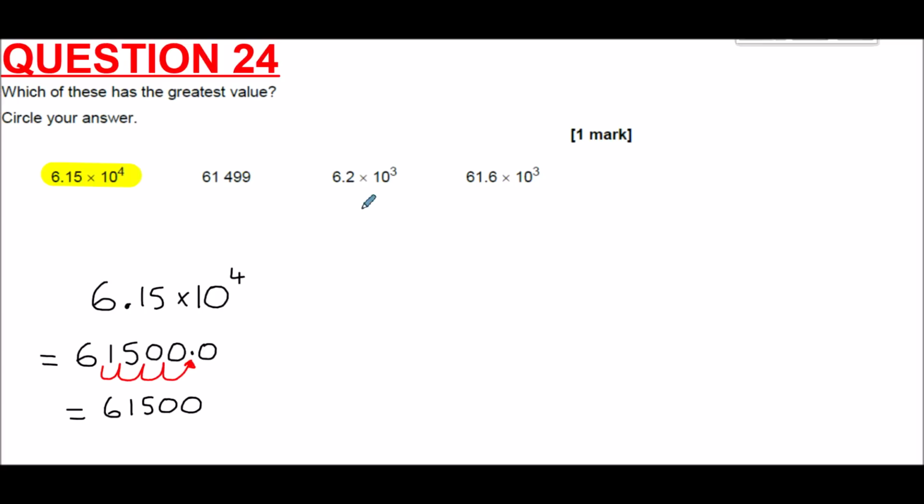This one here, 6.2 multiplied by 10 to the power 3. It's the same idea, but only now the dot's going to jump only 3 places to the right.